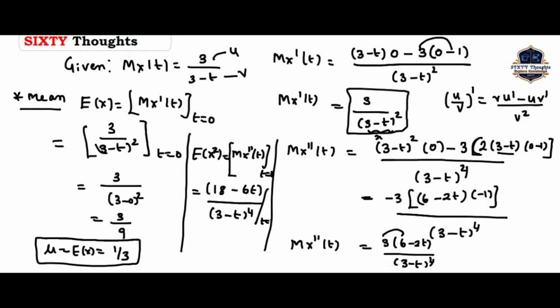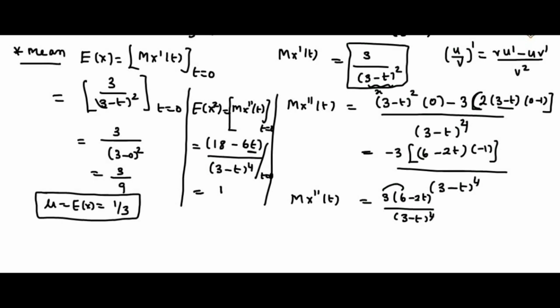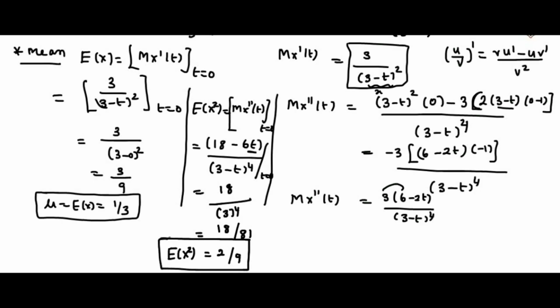If you substitute t equal to 0 here, this term becomes 0, so we get numerator only 18. Denominator we get 3 power 4. What is 3 power 4? 3 power 4 is nothing but 81. So we can write this as 18 divided by 9: 9 twos are 18, 9 nines are 81. So we get E of x square is 2 by 9.